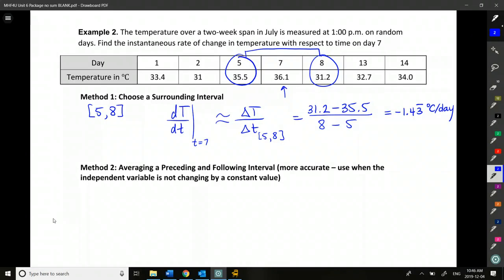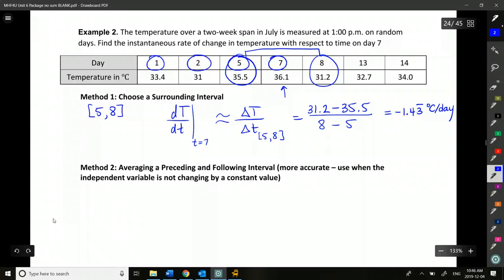Okay, so approximately at day 7, our temperature is changing, or it's actually dropping by 1.43 degrees Celsius each day. This is a fine method if your days are going up by consistent amounts.